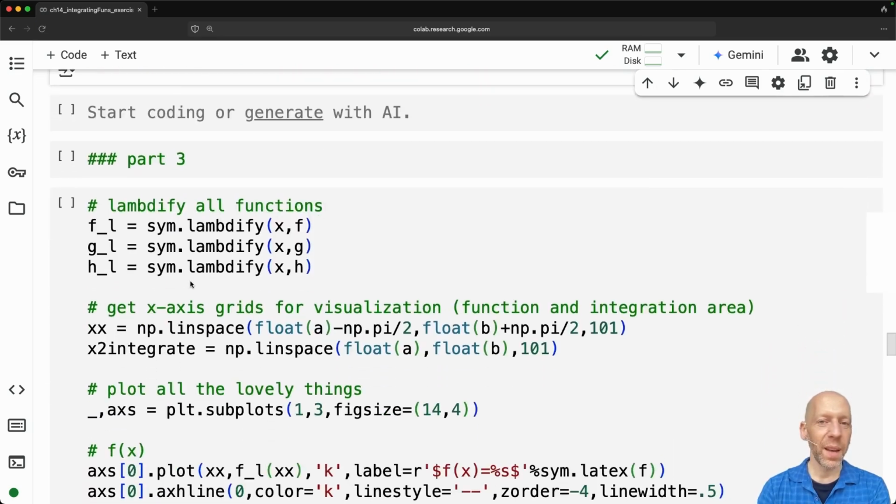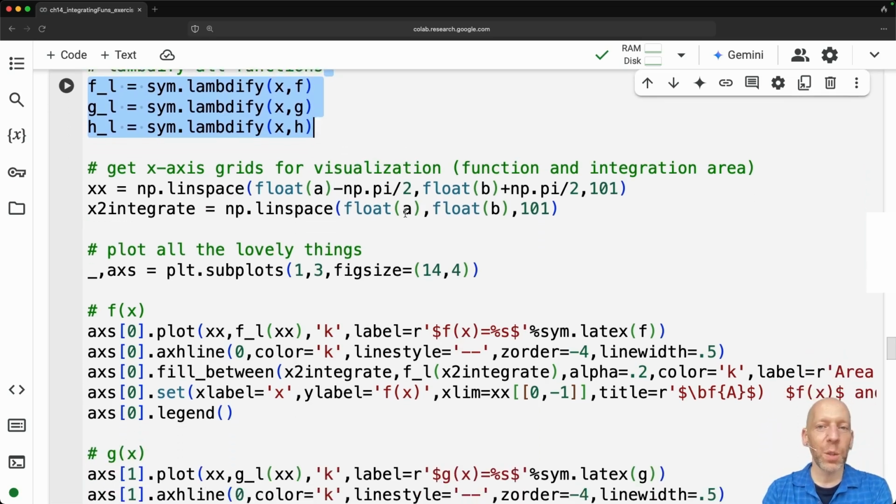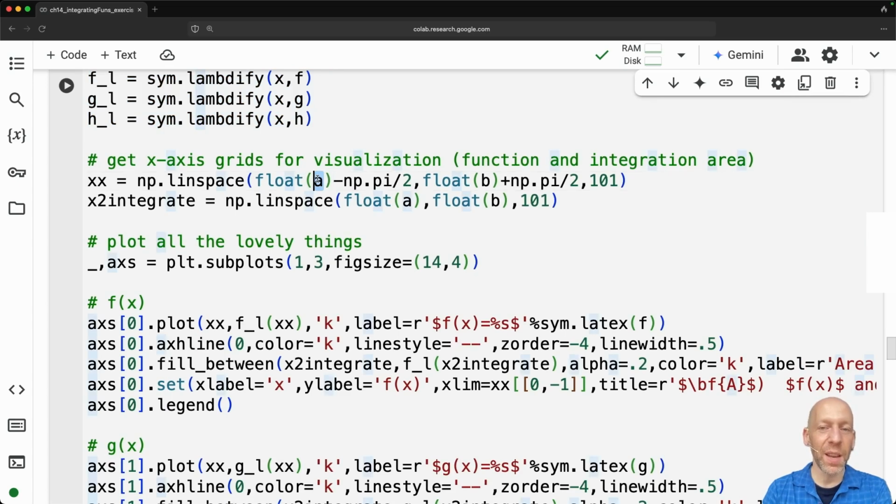And then finally, part 3 of this exercise is to write code to visualize that figure. Now, I'm not really going to go through all of this code line by line, but just suffice it to say here I'm lambdifying the 3 functions, so f and g and f plus g. And just be mindful here, if you write in just the variable a here in linspace, you're going to get an error message.